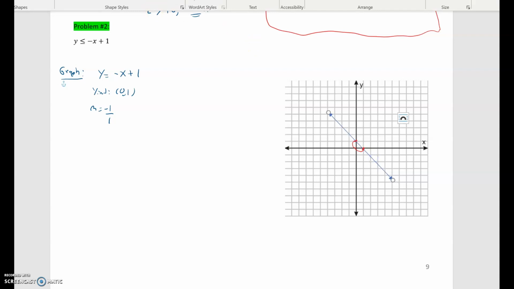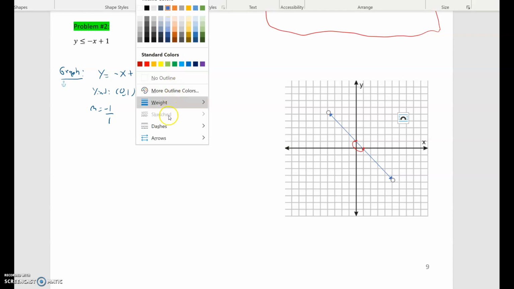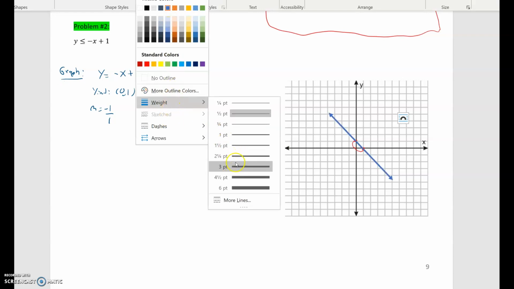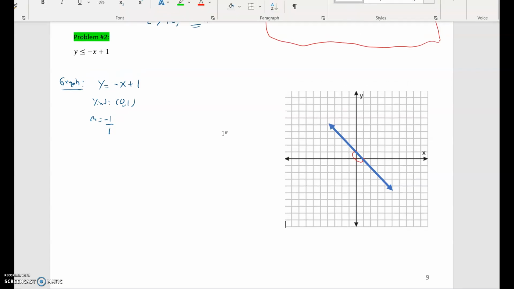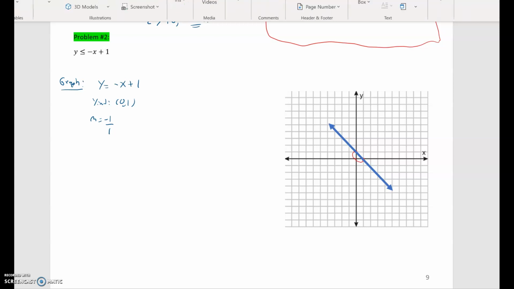Okay, let me make it a little bit thicker just so that it's clear which side of the plane we're looking at. Okay, and then the next portion, we're going to be doing test points. So for the test points, let me pick one that is going to be easy to evaluate. In this case, 0, 0, which is the origin.